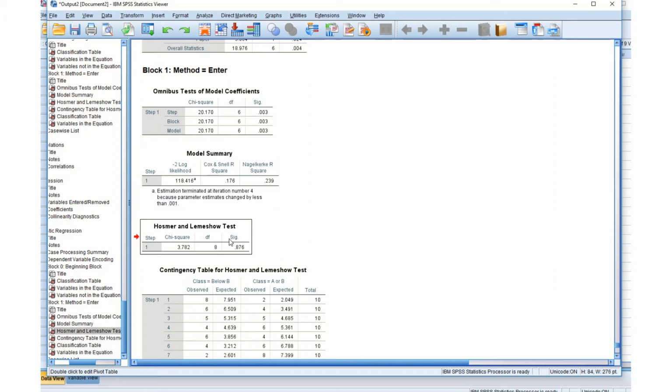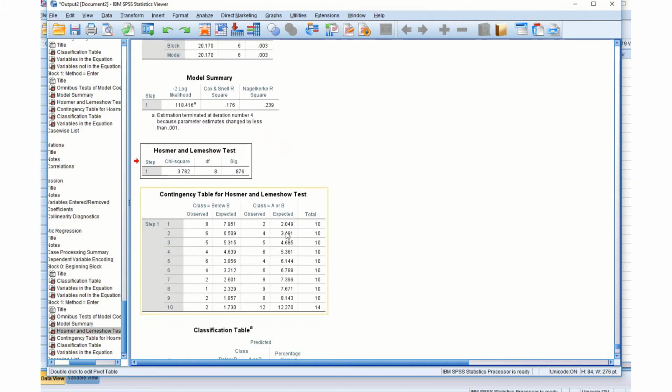The Hosmer-Lemeshow test is another approach to a chi-square test for the model. Remember above here we had 0.003 and we said that that would be significant for the Omnibus test. For the Hosmer-Lemeshow test, we reverse this.